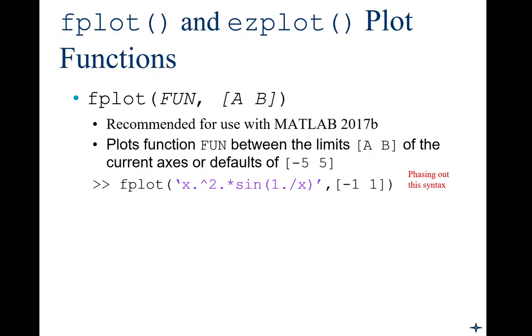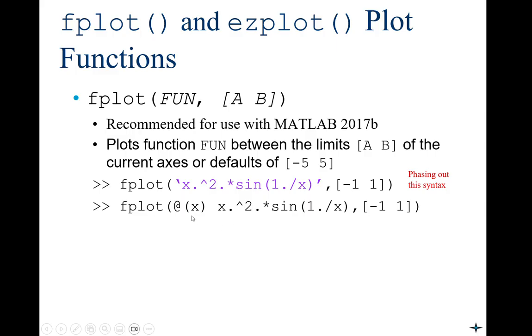In the first example here, instead of creating a function first, we actually type the function out like an inline function. That's why you see it listed as text in between single apostrophes, but it's important to note that newer versions of Matlab will be phasing this syntax out. The more common approach is to create the anonymous function.